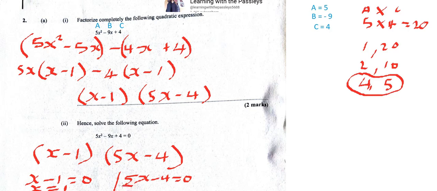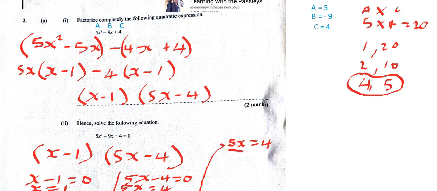So we can say 5x equal, we're going to bring the negative 4 over the equal sign, it becomes a positive 4. So we have a positive 4. So now we can rewrite 5x equal 4.